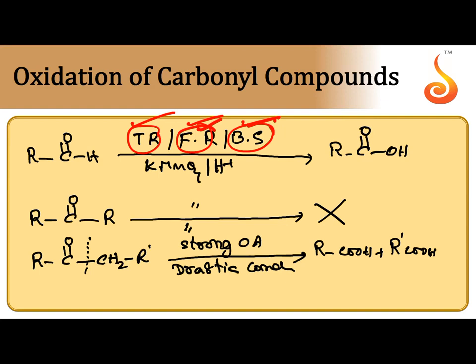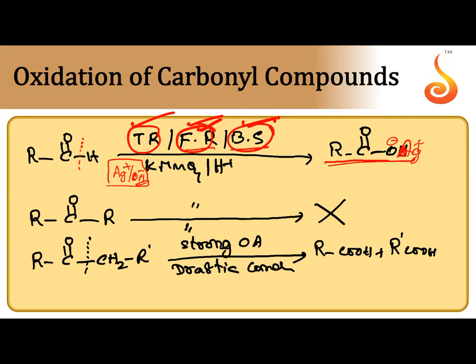They can oxidize only aldehydes to carboxylic acids. So here in Tollens reagent, alkaline Ag plus acts as specific oxidizing agent. It oxidizes aldehyde to carboxylic acid. But in the presence of base, carboxylic acid can exist in the form of carboxylate, silver carboxylate.